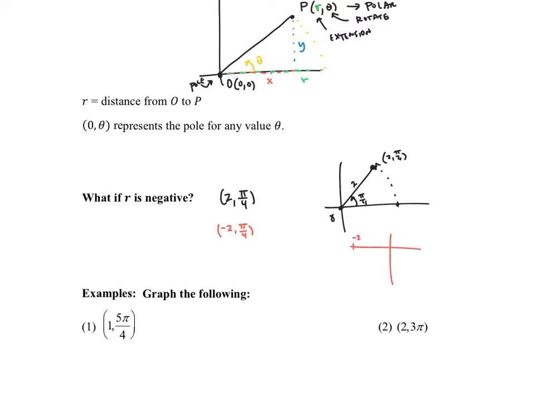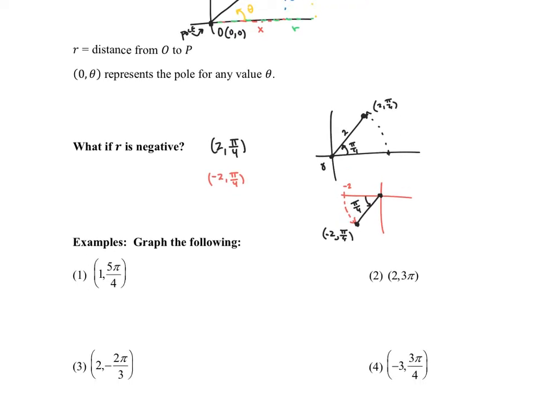Here would be an extension of negative 2 and a rotation of pi over 4. We would extend to the left, rotate pi over 4, and we would end up in quadrant 3 for a negative value for R.